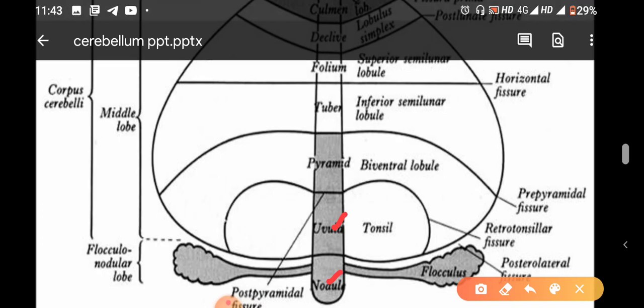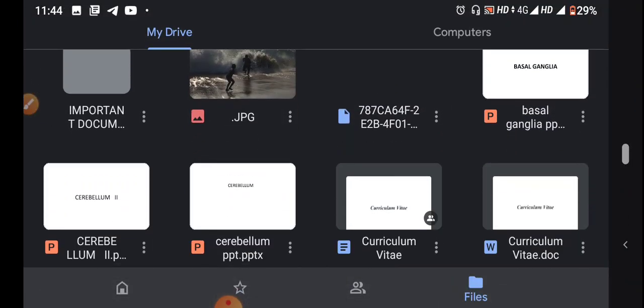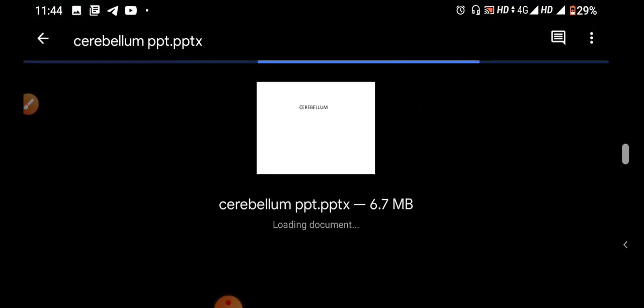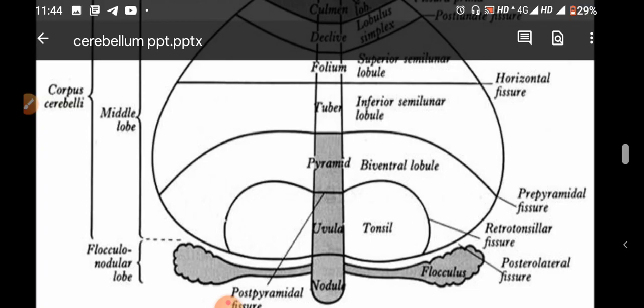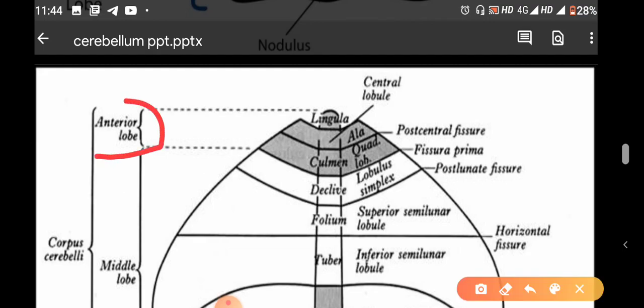So parts of cerebellum you can divide into three lobes. The anterior lobe, so here you can see this is the anterior lobe.